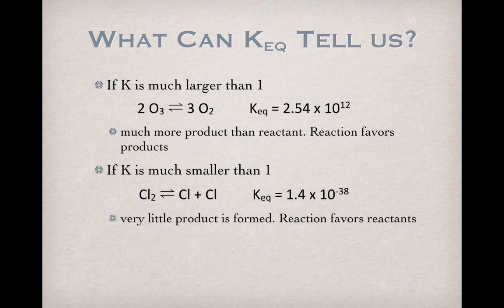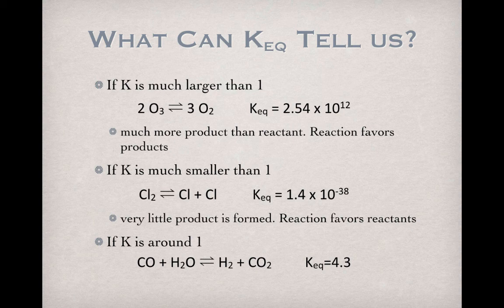If K is in the vicinity of 1, then at equilibrium you're going to have a mixture of both reactants and products, with substantial amounts of both, and neither products nor reactants are favored in this case.